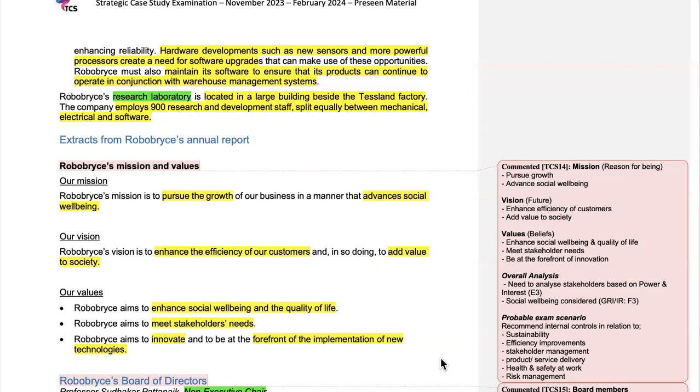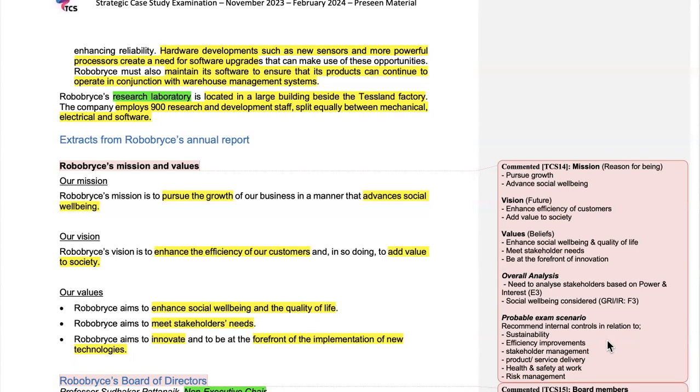And based on this information, the type of exam scenarios which can be thrown at you are with regards to recommending internal controls. So as a senior finance manager, you need to be conversant with internal controls. You should be ready to recommend internal controls with the intention of ensuring that the internal operations within the company occur without any hiccups.